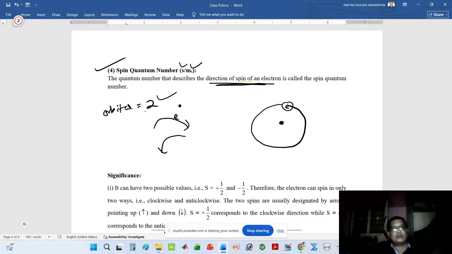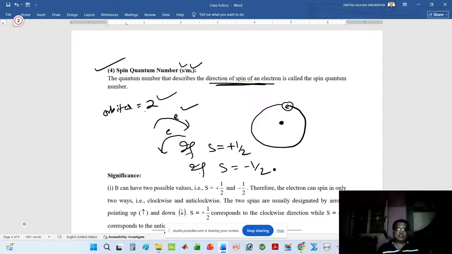Again, we know that electrons revolve around a nucleus in a circle, in a clockwise or anti-clockwise direction. If an electron travels in the clockwise direction, then the spin quantum number S is equal to plus half. If an electron travels in the anti-clockwise direction, then the value of S is minus half. This is the spin quantum number.